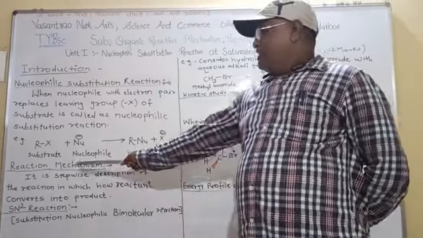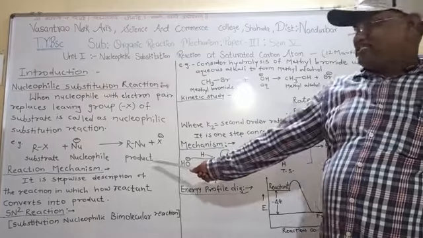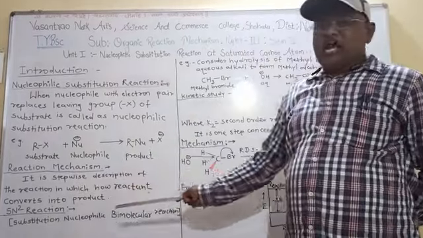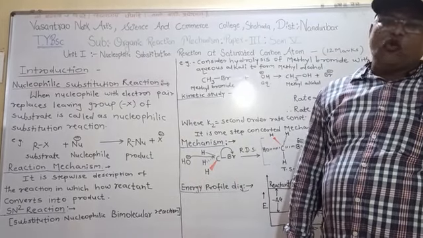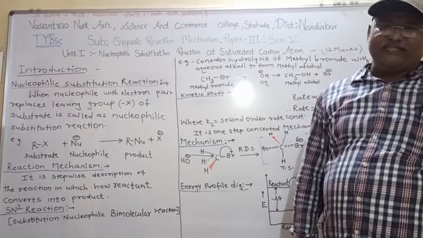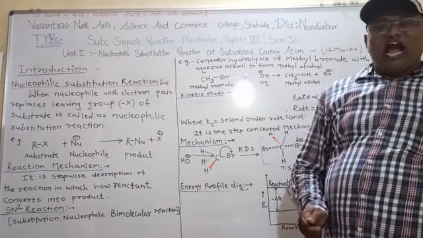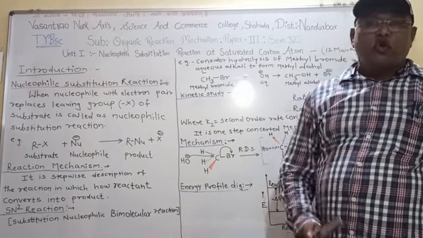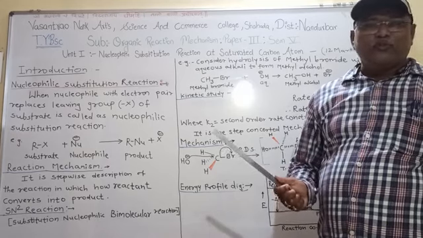Now, what is meant by reaction mechanism? The stepwise description of reaction in which how reactant converts into product is called as reaction mechanism. Means we should not know only that reactant converts into product, but we should know how the reactant converts into product.